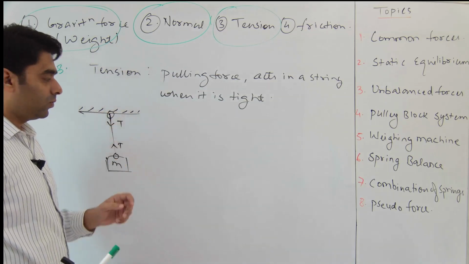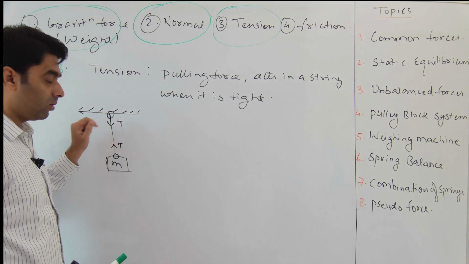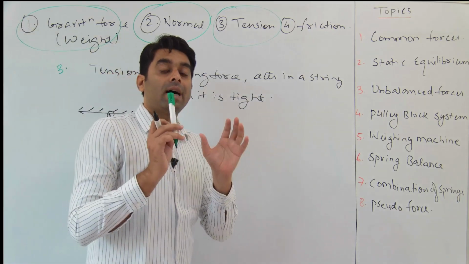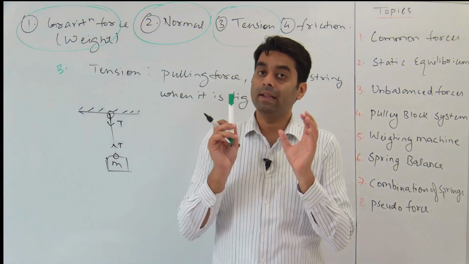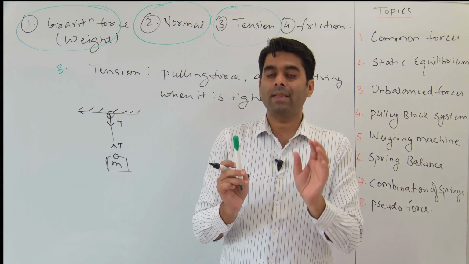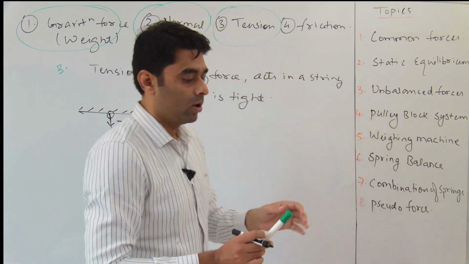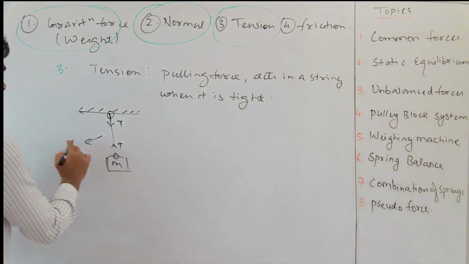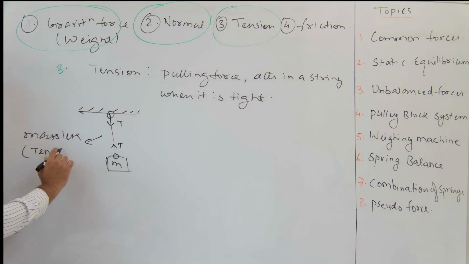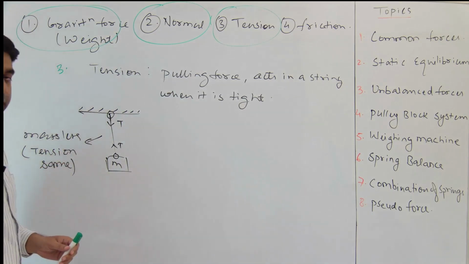Now you will notice that here also I have used T, and here also I have used T, because in NLM we take massless strings. In NLM, unless mentioned otherwise, we consider massless strings, and in a massless string tension is the same throughout. Fine.